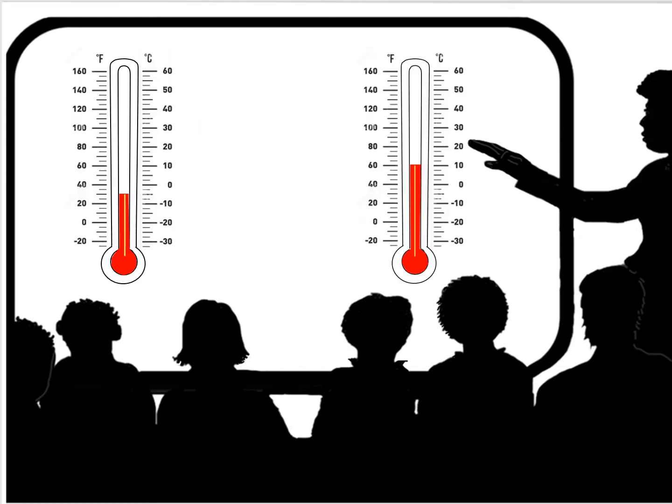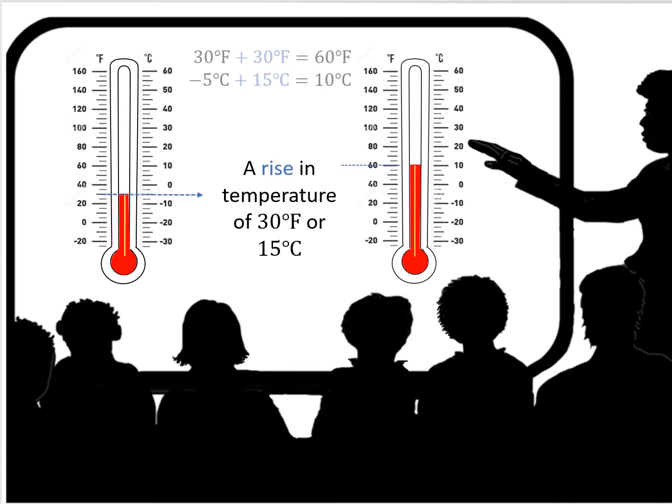Let's take a look at a couple of thermometers. What do you see here? From left to right, it does appear that the temperature has increased. It is a rise in temperature of 30 degrees Fahrenheit or 15 degrees Celsius. Celsius is on this side here, and Fahrenheit is on this side here.